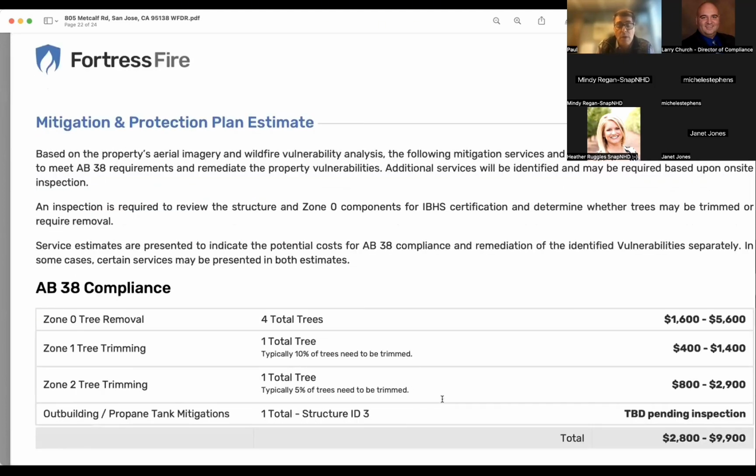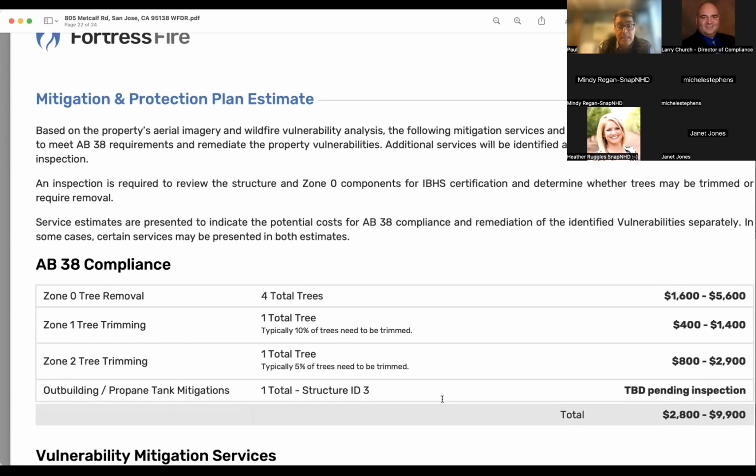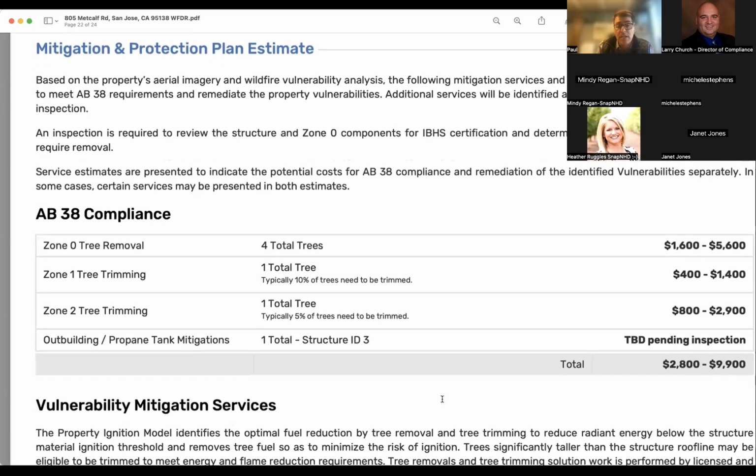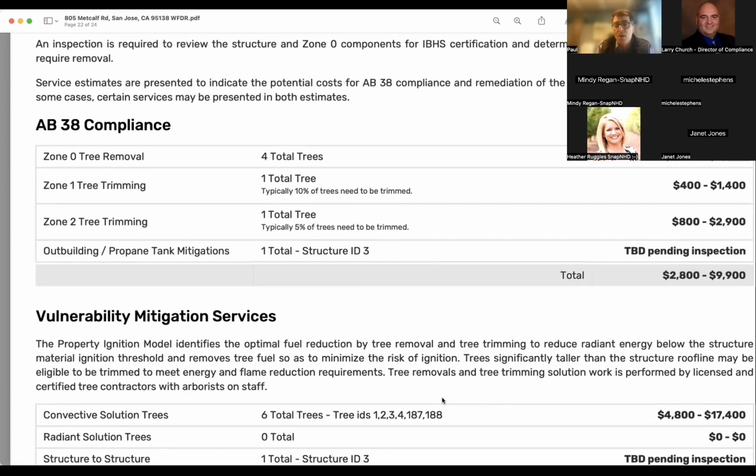So then with those analyses done, now we're going to look at cost, right? And so we identified 4 total trees in zone 0 that are either going to need to be removed or remediated on some level. We give ranges. These ranges are based on estimates from the thousands of inspections that we've done across the state. These are very conservative.